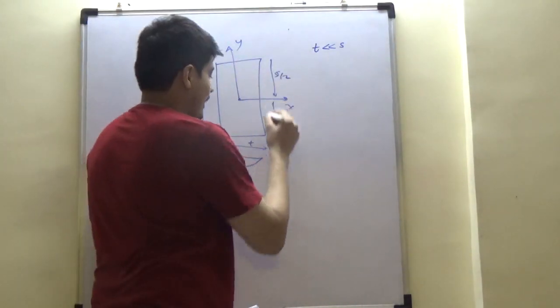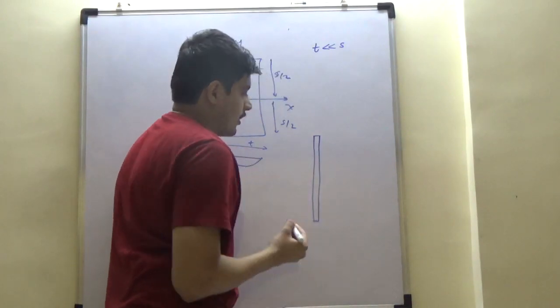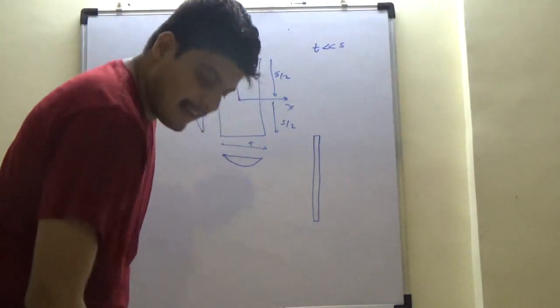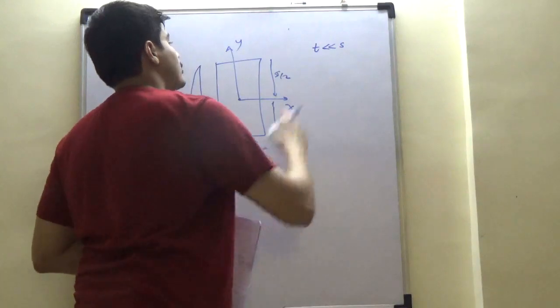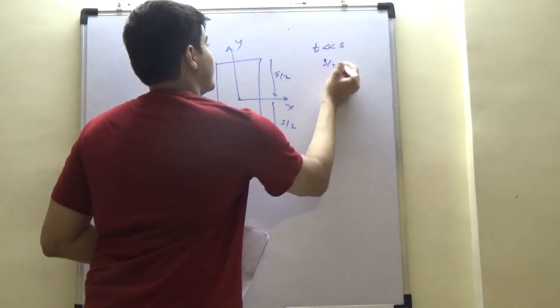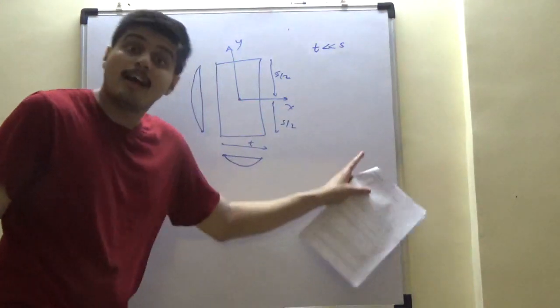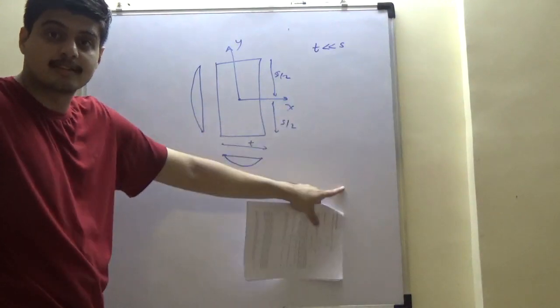Your aircraft structures would be slender structures. From an analysis point of view of torsion, it is extremely fair to assume this. S by T greater than 10 is typically where we deploy these methods, which is reasonably true in our aircraft. So we are interested in choosing this.